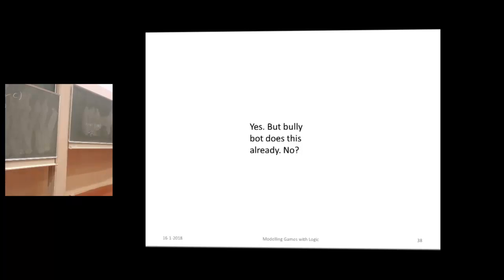Or what is the difference between doing this in this complicated, knowledge-intensive way, where you write things down in a first-order formula, and writing the same thing down in your code directly? I think that's a very important question. If you have one strategy that you want to write down, it will probably be more efficient to hard-code it in your Python program, because everything you do here, you can also do in your Python program.